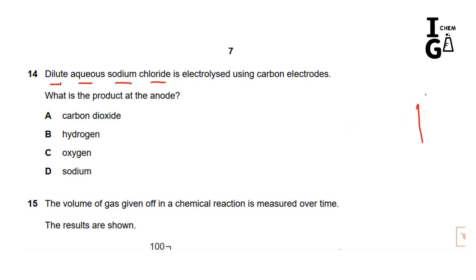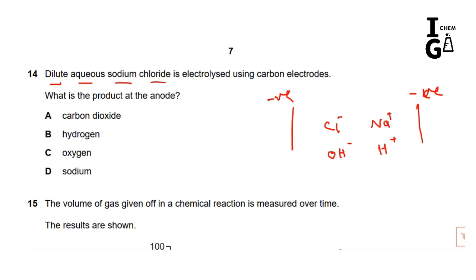If this is the cathode, negative, and this is the anode, positive, here we have 4 species: Na plus, H plus, Cl minus, and OH minus from water. Remember, NaCl is sodium chloride, and H plus and OH minus come from water, so it's aqueous.